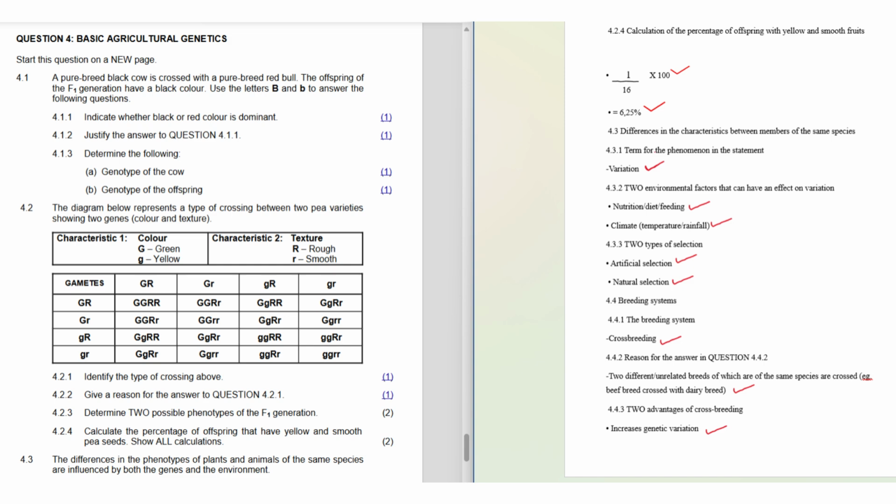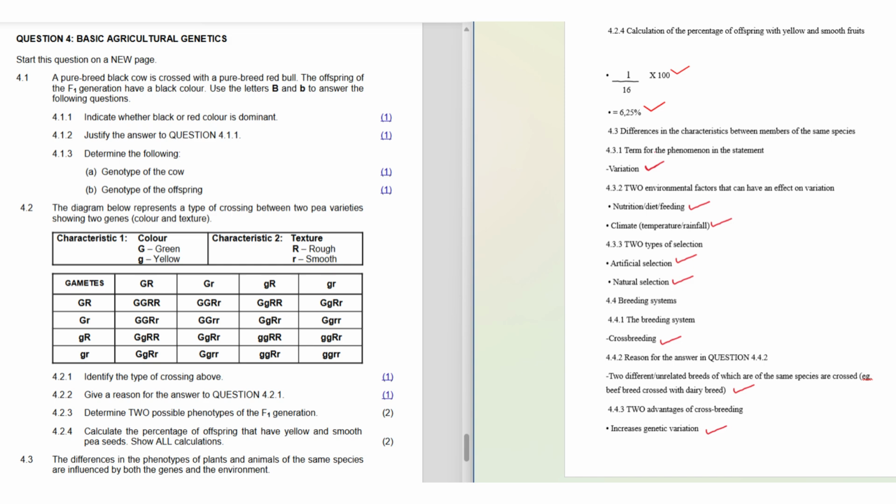Then you know there is only one yellow and smooth offspring, or progeny, only one progeny.